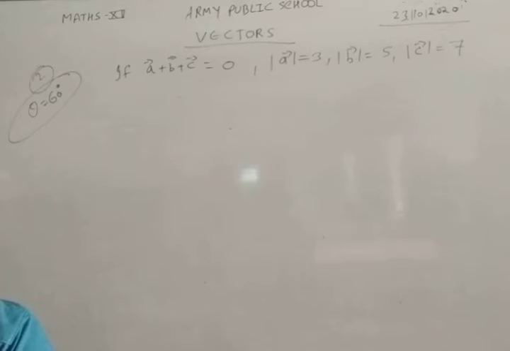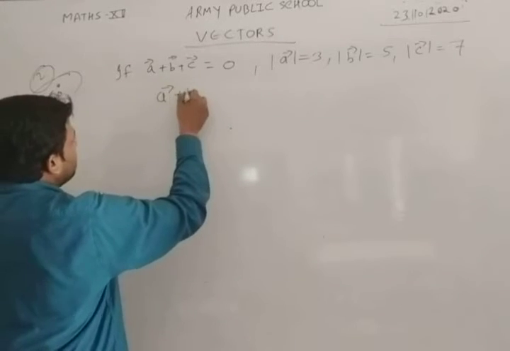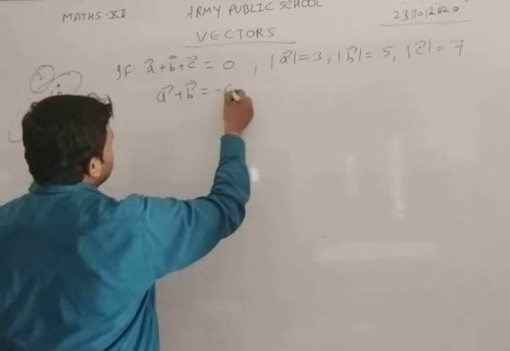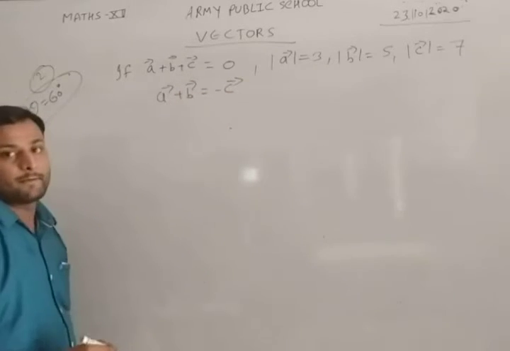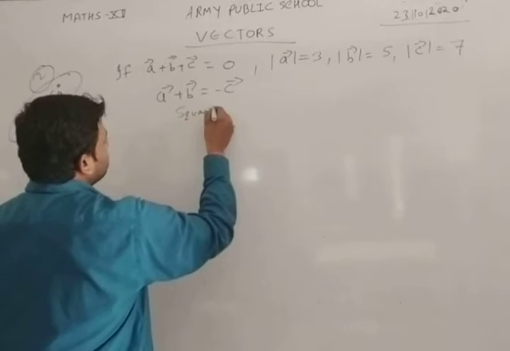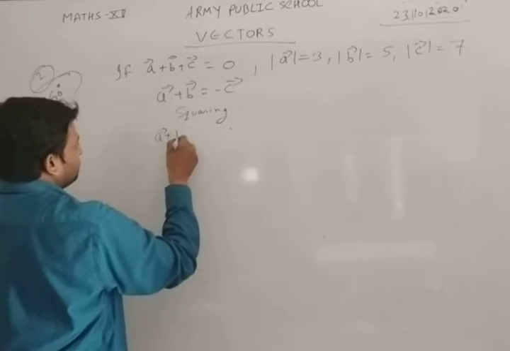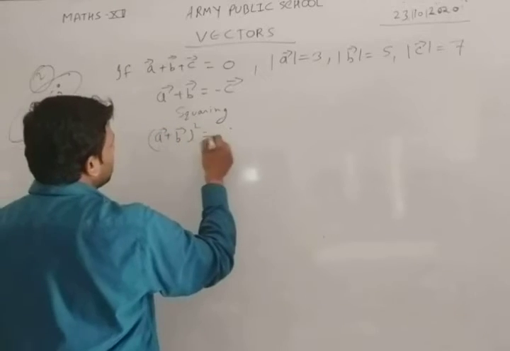So first what we will do? We will send again the vector c to the right hand side. Okay? And we will take the square. Let first a plus b, and this is minus c. Now squaring, we get whole square.